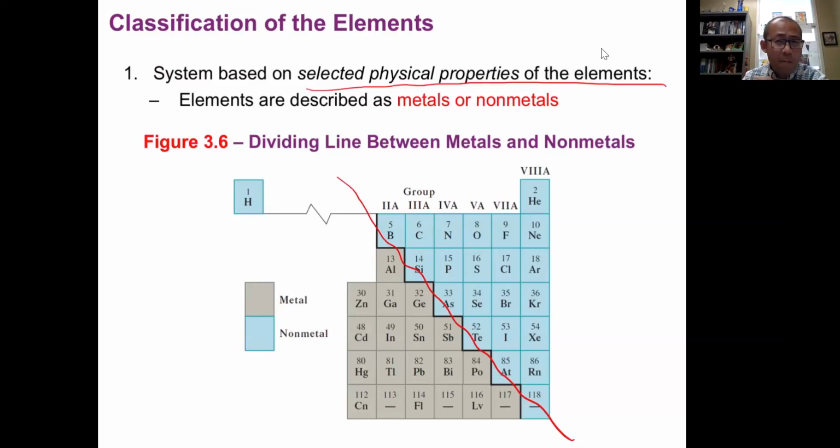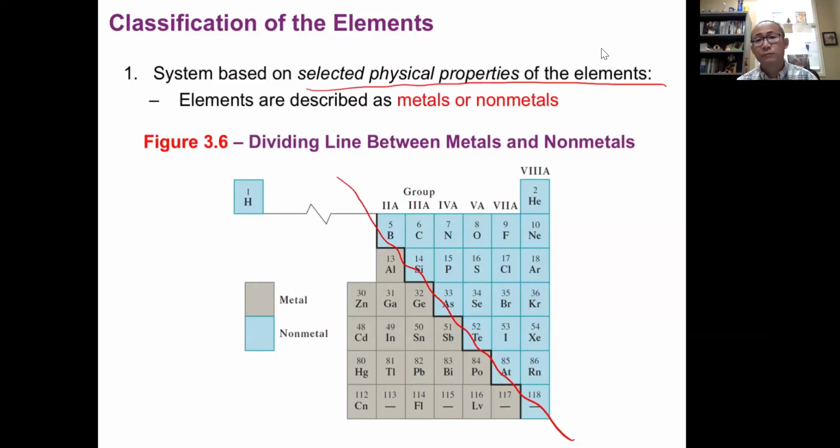So we call some of these elements metalloids. There's something in between. That's why we say two or three big categories. Normally two big categories, metal and non-metal, but elements along the line sometimes bear the properties of both groups, and we call those metalloids. We don't talk too much about metalloids in this class, but you know the classifications.